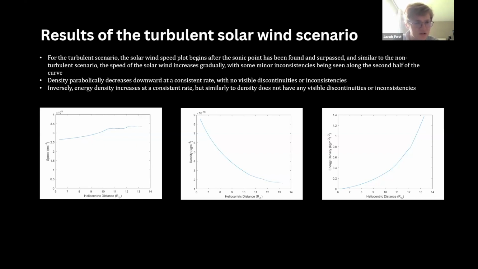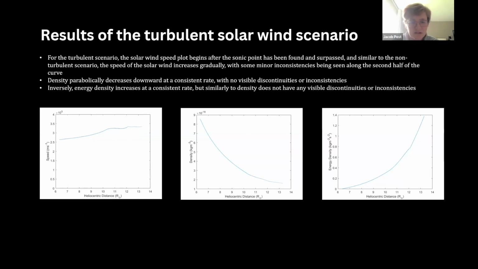Towards the end of the heliocentric distance interval, it only goes up to 13.3 in comparison to the 100 solar radii that the simplified case went to. But we can already tell that it is reaching a similar speed in less amount of time.